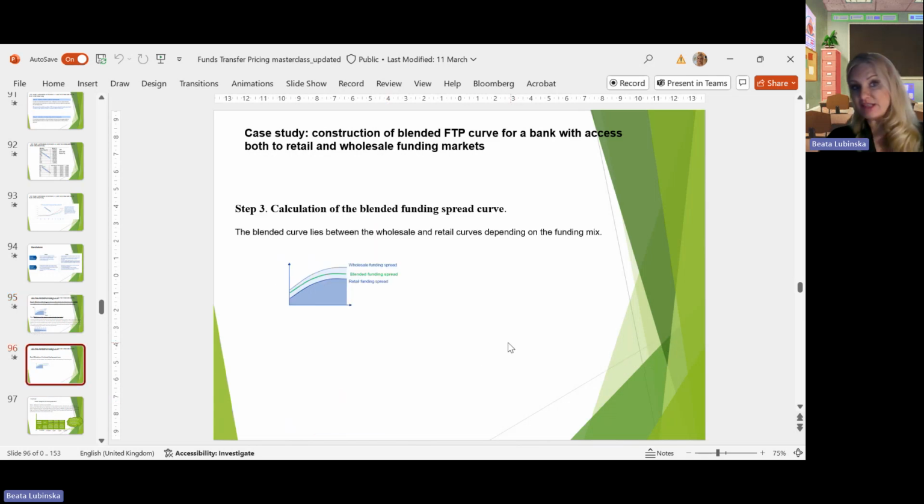And by the end, our blended curve will be somewhere between this purely wholesale funding curve and retail funding curve. And you see it will be lower. This green one is the FTP curve in this particular example.